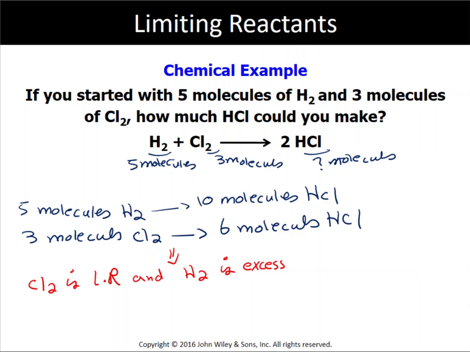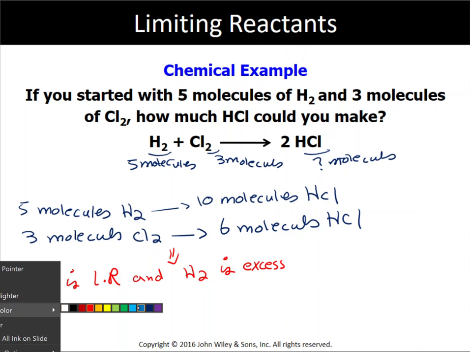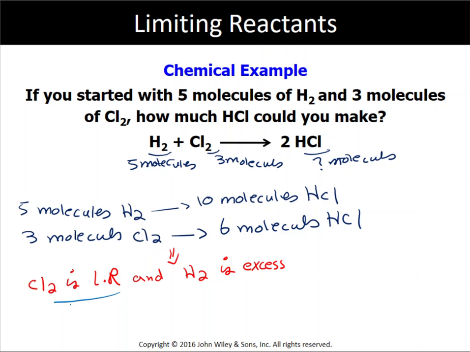Since chlorine is the limiting reactant here, the maximum number of hydrochloric acid molecules that can be produced is totally limited by chlorine. So since Cl2 is the limiting reactant, the maximum number of hydrochloric acid molecules we can make is 6 molecules of hydrochloric acid.